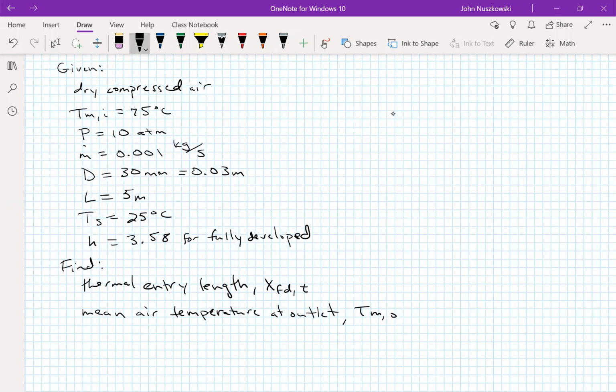They have the rate of heat transfer from the air to the tube wall. And then lastly, the power required to flow the air through the tube.